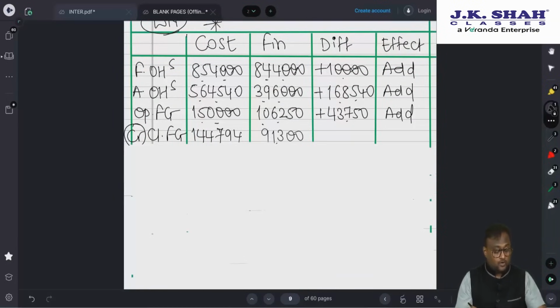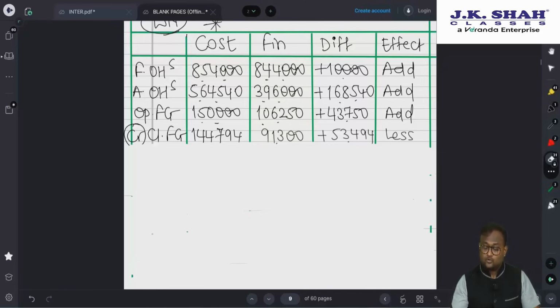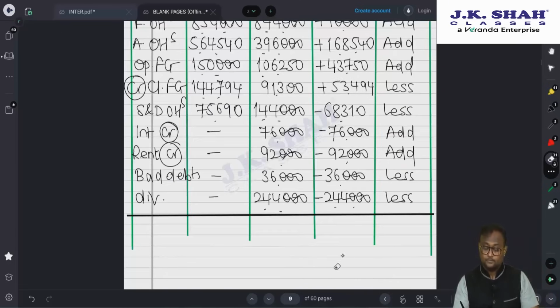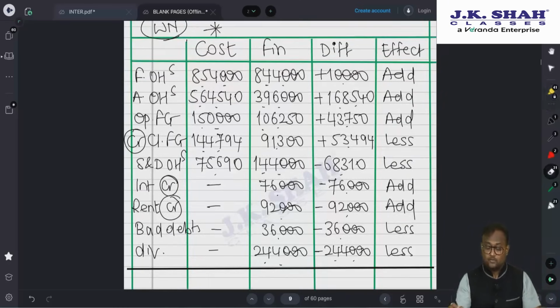So 144,794 minus 91,300, you have positive 53,494. Credit side item it is. Now please remember, for credit side item, reverse the treatment. It is to be subtracted. Now same thing is to be done for all other items like this. I'll explain one by one.